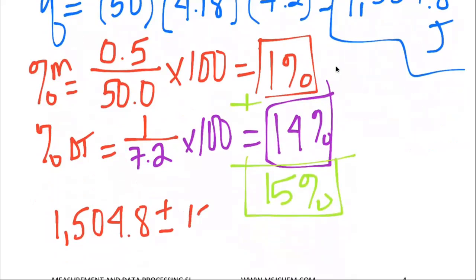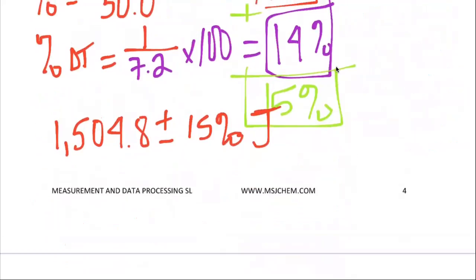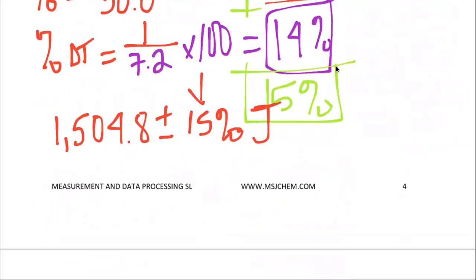But they don't want us to leave it in a percentage. So I have to convert this percent right here back to an absolute uncertainty for my final answer. And in order to do that, I have to figure out, well, what is 15% of this number?